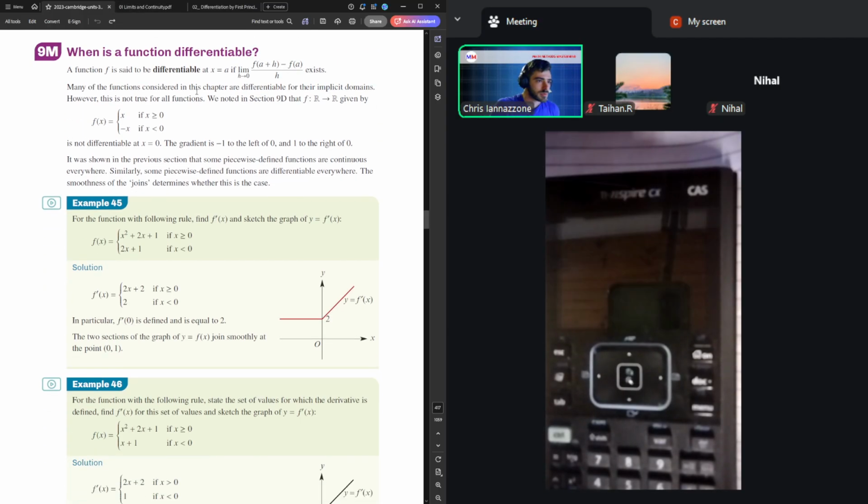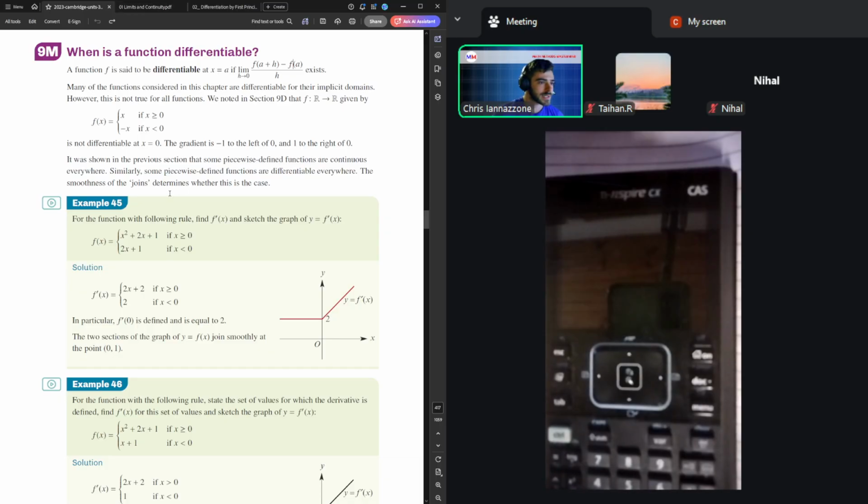So differentiability does have a specific definition. A function is differentiable so long as the diff by first principles is met. That's a tall order to actually use in a SAC or exam.